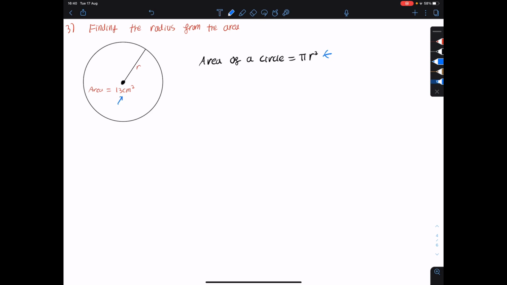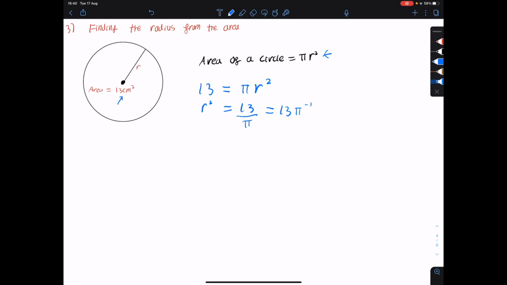So if we just drop the units for the time being to make our calculation simple, we have 13 equals pi r squared. We can rearrange this equation to get r squared equals 13 divided by pi, which is just written as 13 pi to the negative 1.